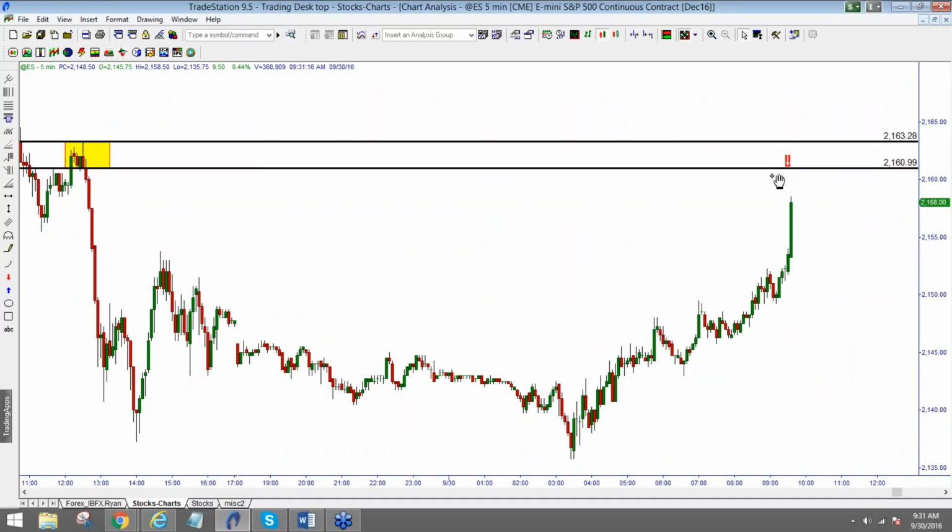All right, so we're waiting for this touch of this zone here. That'll be our entry point, and we'll have a stop loss on the other side. So this is the most important part of the trade. Stop loss. And then what we'll do is enter short. All right, and if this touches, let's see here.